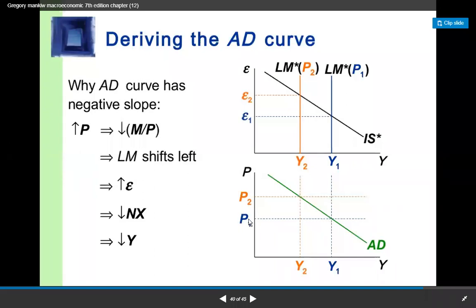Because in the aggregate demand curve, we take price on the vertical axis instead of the exchange rate, and income is on the horizontal axis. Income is the same on the horizontal axis. Now we draw this equilibrium point to the diagram below. At this point, the income level is the same Y1 and our price level is P1, which we assume is the initial price level.